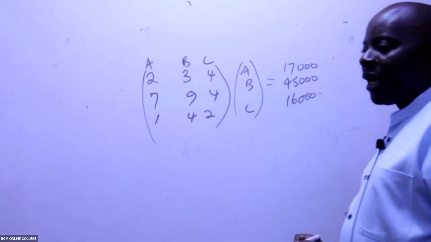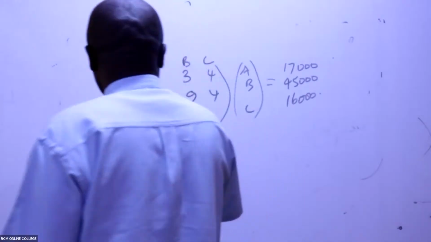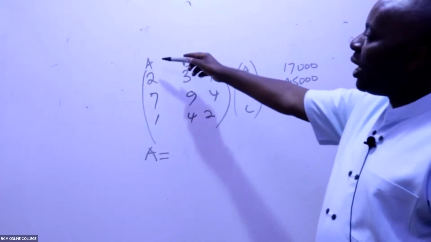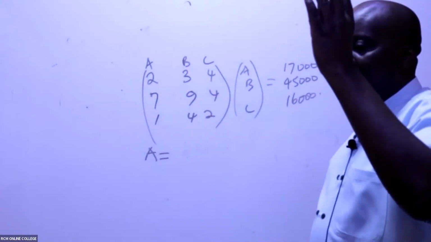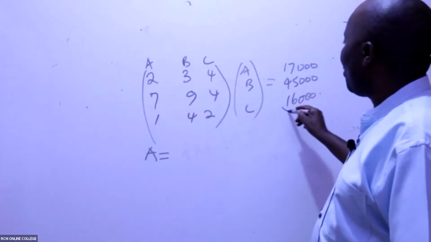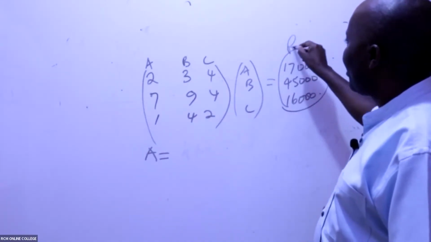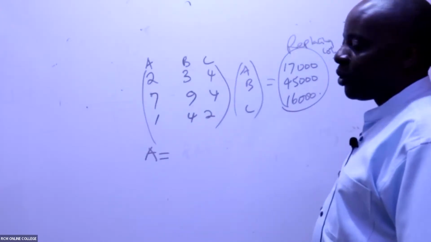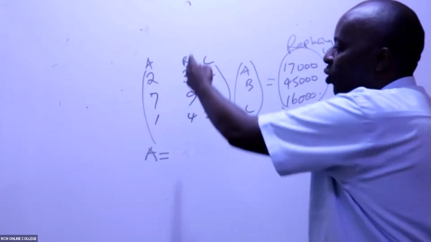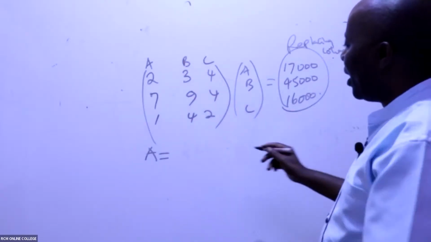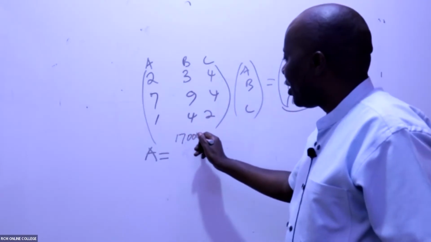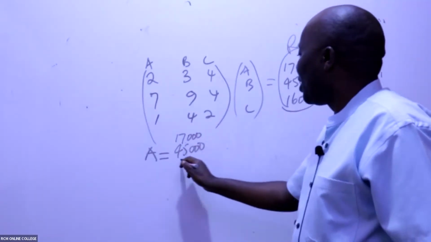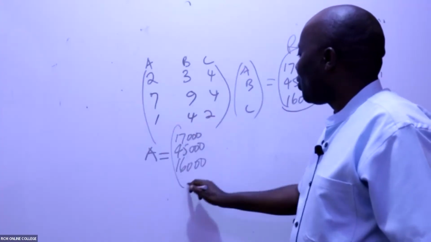Now, ladies and gentlemen, I want us to get the value of A. So if I want us to get the value of A out of this, the column of A will disappear. In its place, we shall have this replacement: 17,000, 45,000, 16,000.